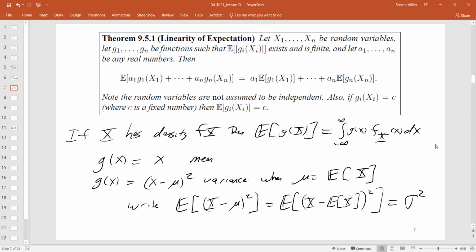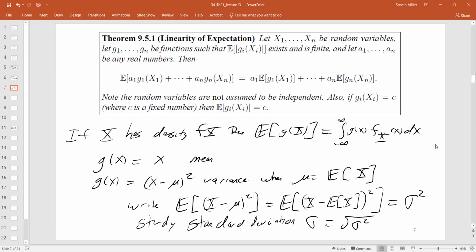So what do we look at? Not the variance, but the. So instead of looking at sigma squared, what should we study? Standard deviation, sigma, which is the square root of sigma squared.